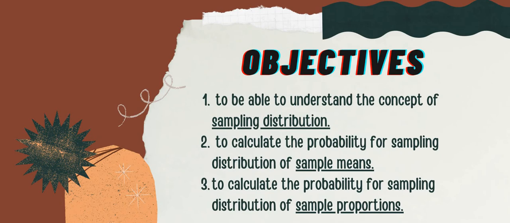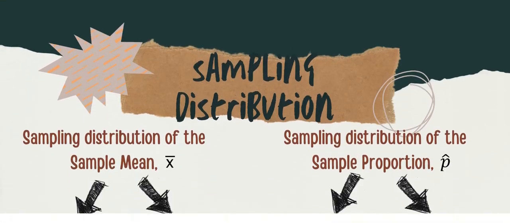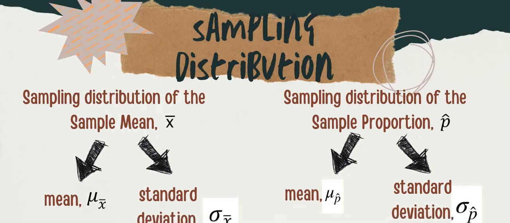The second is that you will be able to calculate the probability for the sampling distribution of the sample mean. The third is to calculate the probability of the sample proportion. So there are three objectives you should be able to achieve after you finish this lecture.